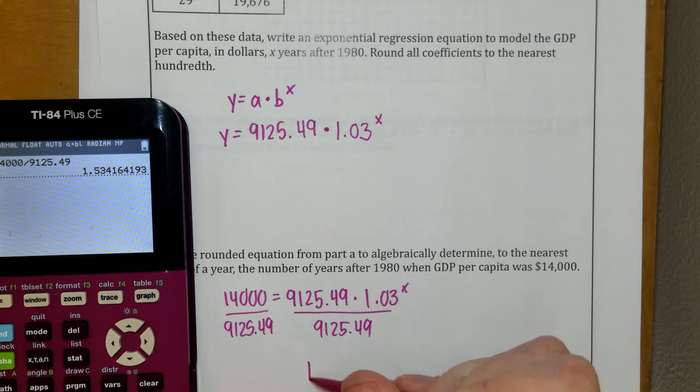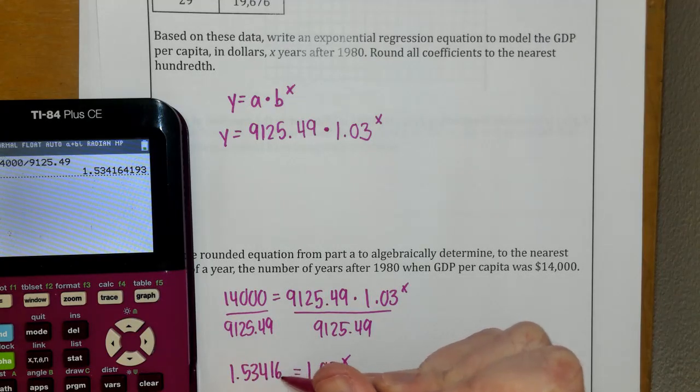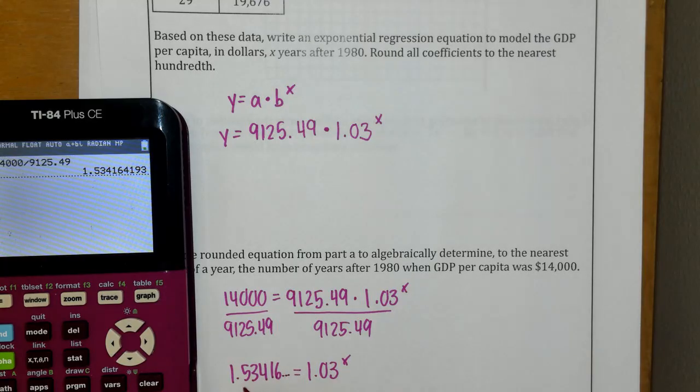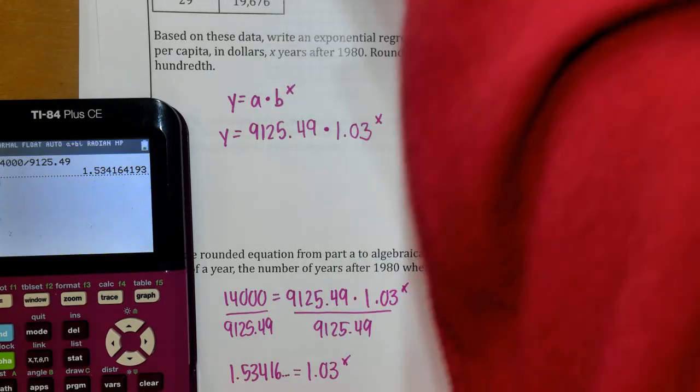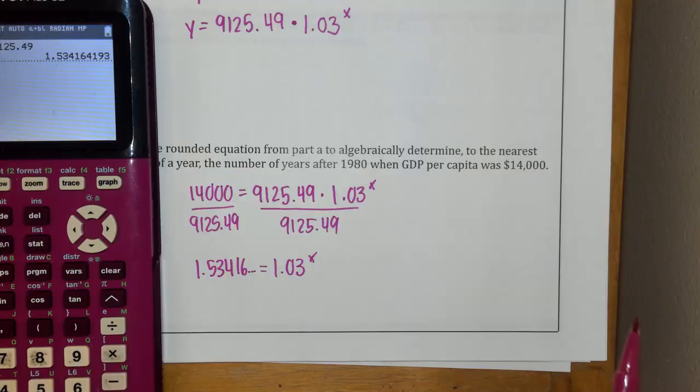And we're going to get 1.03 to the x is equal to 1.53416... I'm not actually going to round that, and I'm not going to get rid of it off my calculator screen because I don't want to round it. If I round it, then I might make a mistake.